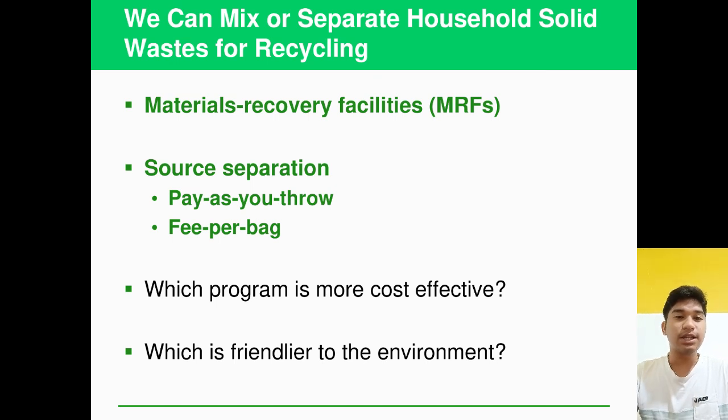Materials recovery facilities, or another term, material recycling facilities. There are programs: source separation, pay as you throw, and fee per bag, like the yellow ticket we pay for when disposing of our garbage, to have our sack or trash bin collected.